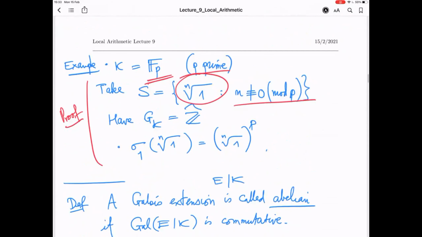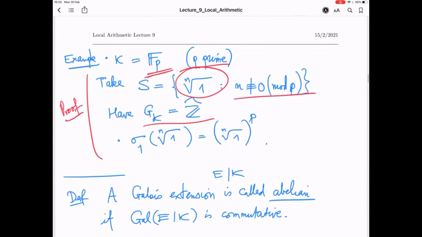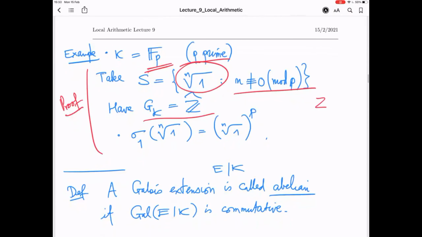And as I said earlier, the Galois group is Z hat, and just as Z is generated by the number 1, Z hat is also generated by 1 as a topological group.